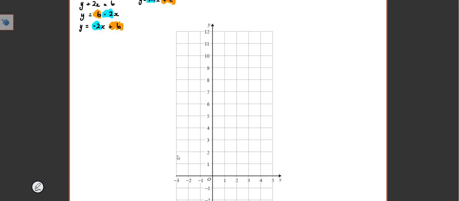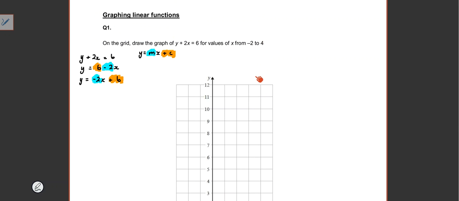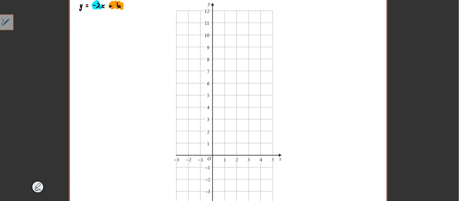Yeah? So basically what they're saying is in the question, using the x values from minus 2 to 4. Now, notice that my x-axis has more numbers than minus 2 to 4. So I don't want to use minus 3 and I don't want to use 5. I only want to use minus 2, minus 1, 0, 1, 2, 3 and 4.